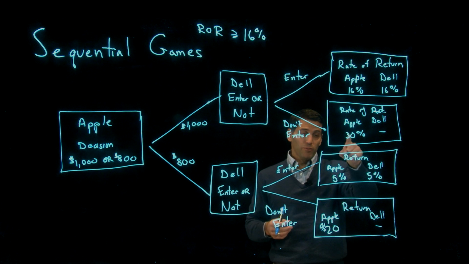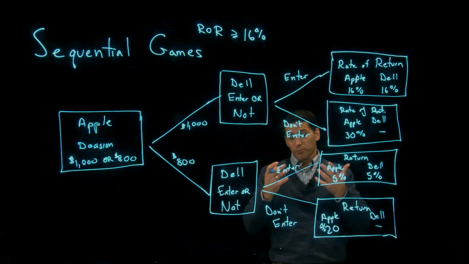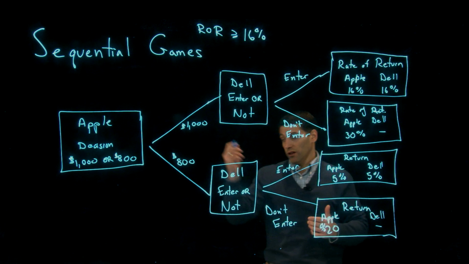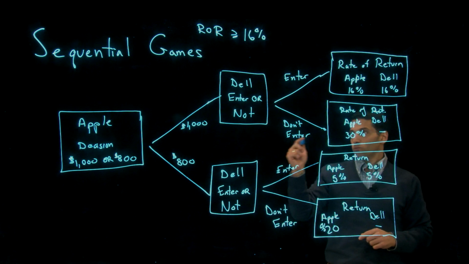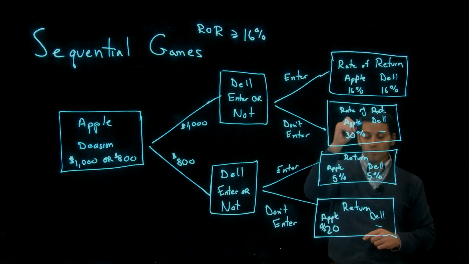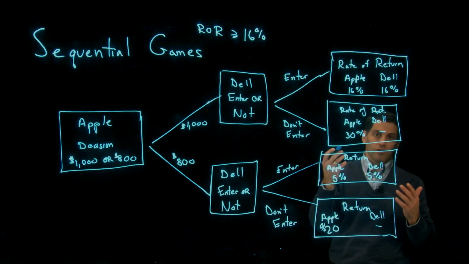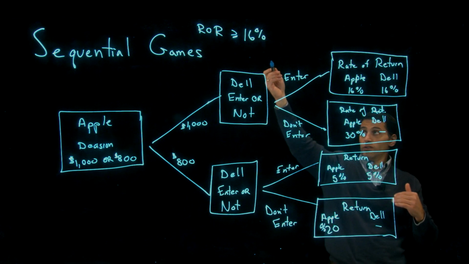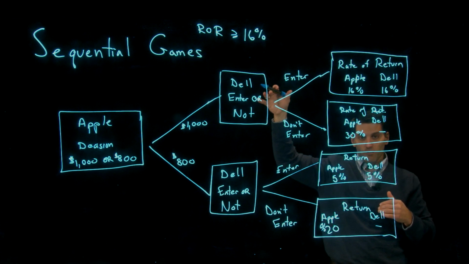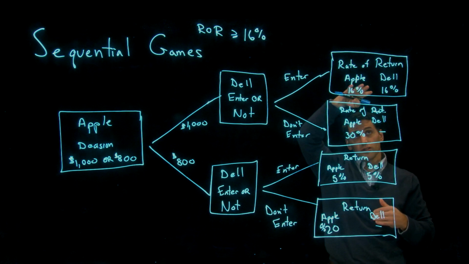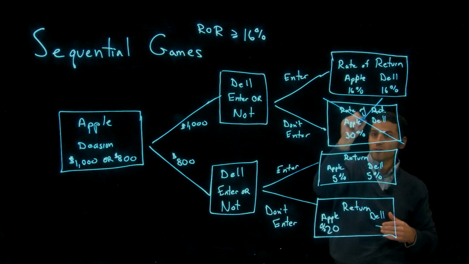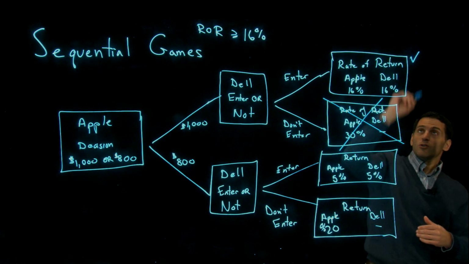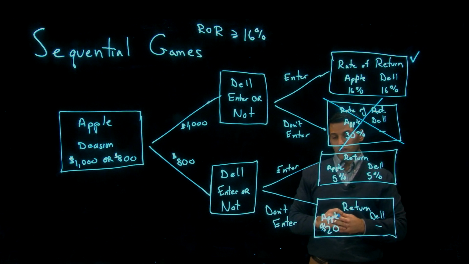And Apple's rate of return would be 30% because they're going to capture the market all by themselves while charging this higher price. Right? So when you're looking at this, it's very clear what Dell would choose. They would choose the 16% over nothing, because they're covering the minimum. We said 16, 15, 10%, saying as long as they get at least this payoff, they would choose to enter. So we can cross this one off, and we know they would choose to enter in this case.